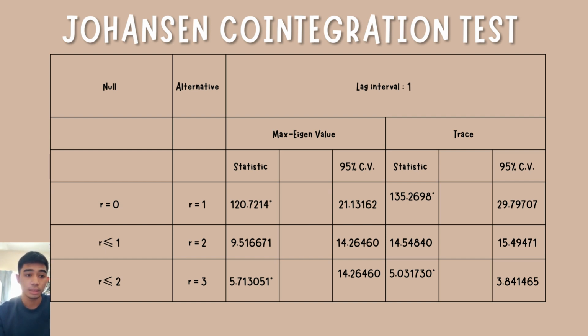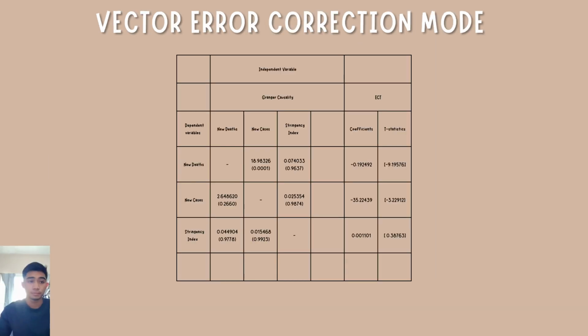We reject the null hypothesis, which indicates that there is one co-integrating vector or one long-run relationship in this model, while at most 1, the critical value is greater than the statistic value, which means we do not reject the null hypothesis. Therefore, there is one co-integrating vector or one long-run relationship in this model.